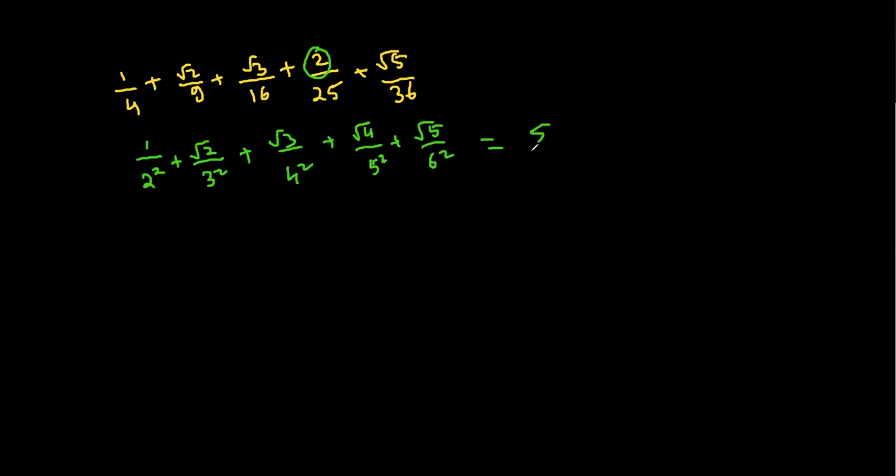So you can write 1 upon i plus 1 whole square root i, where i starts from 1 to 5.